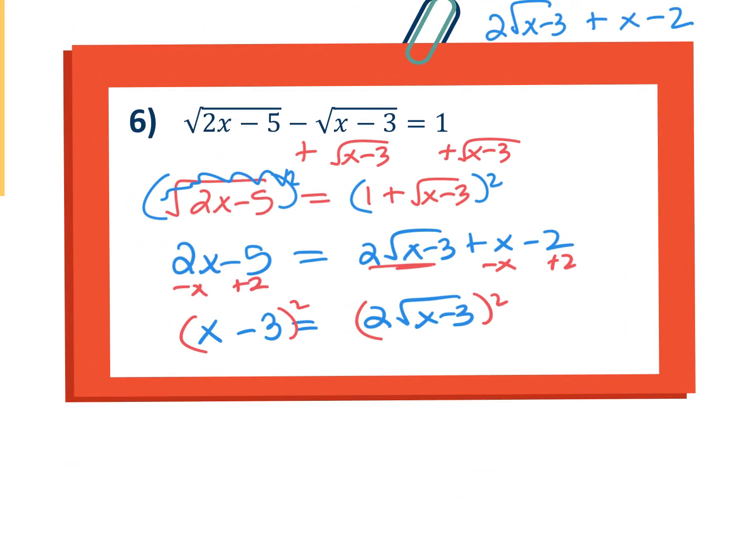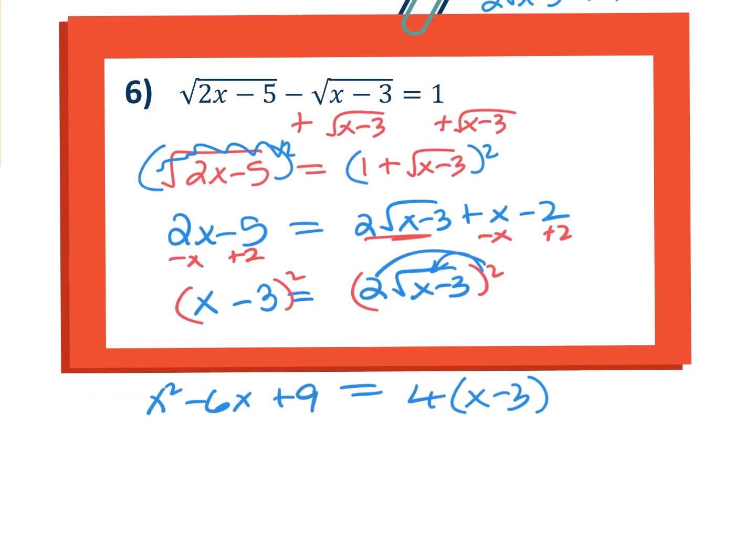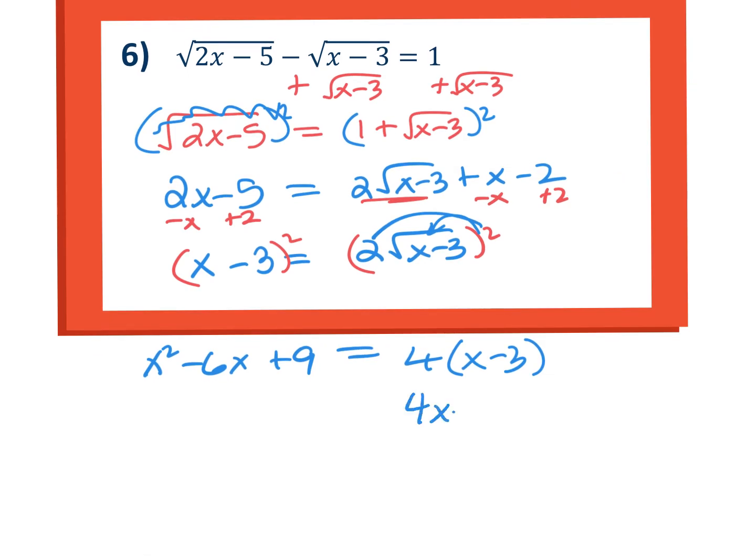So the x minus 3 squared is going to turn into x squared minus 6x plus 9. This side becomes 2 squared, and then the radical just disappears when you square that. I'm going to distribute.